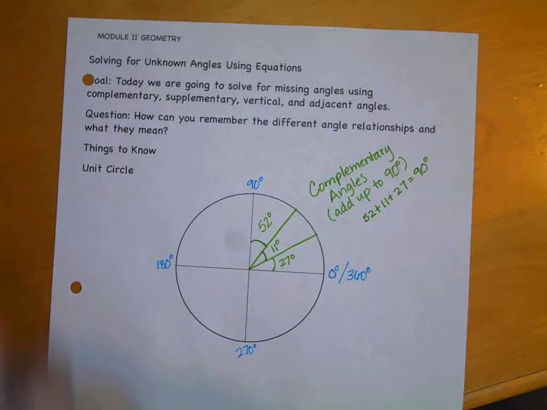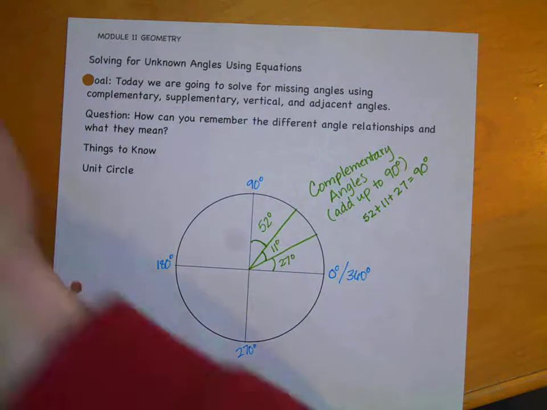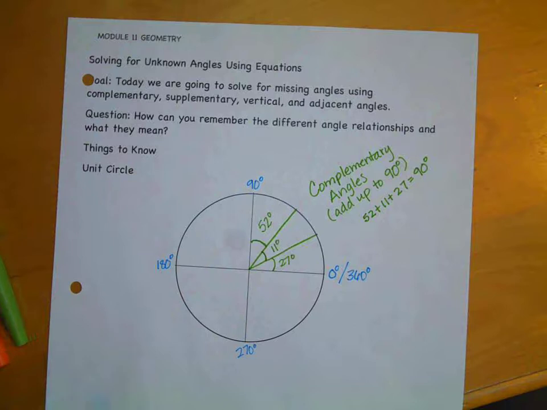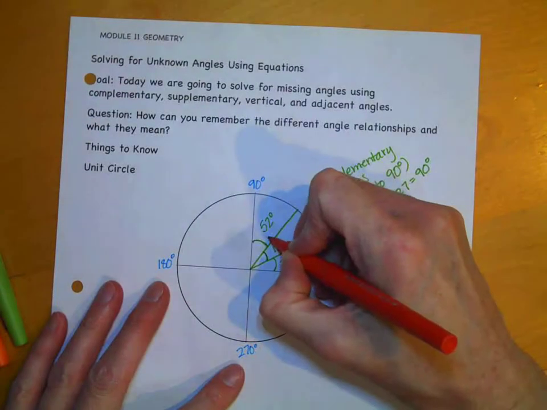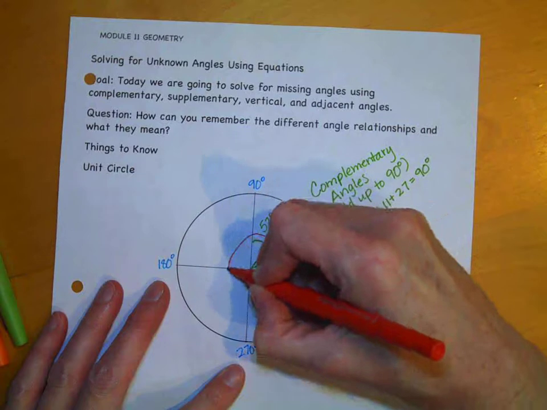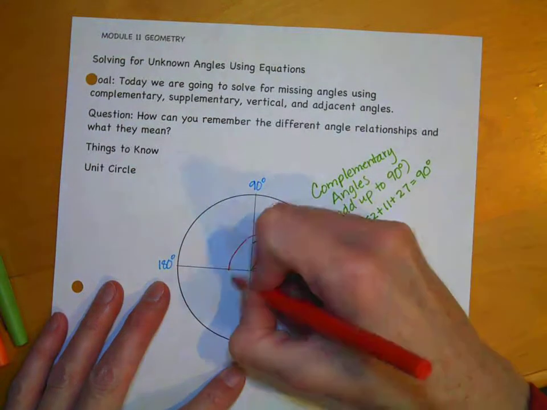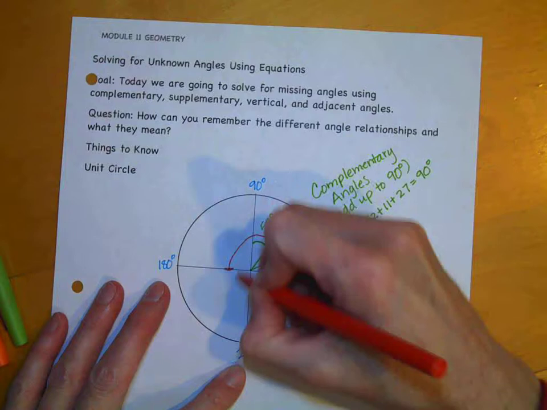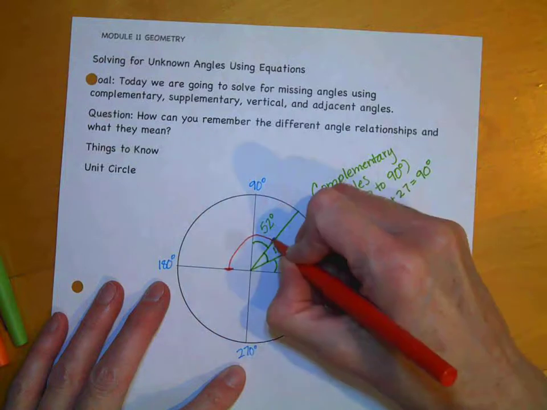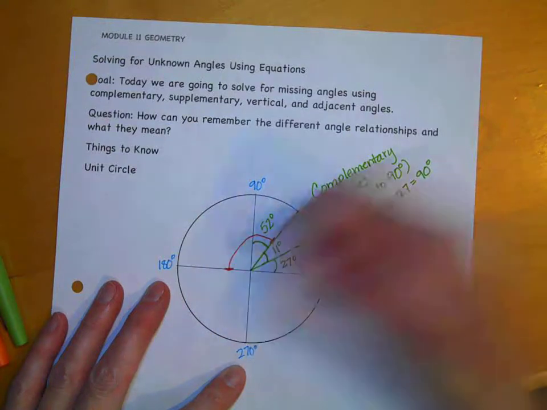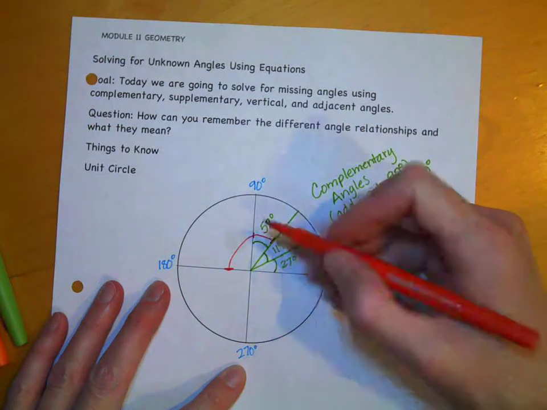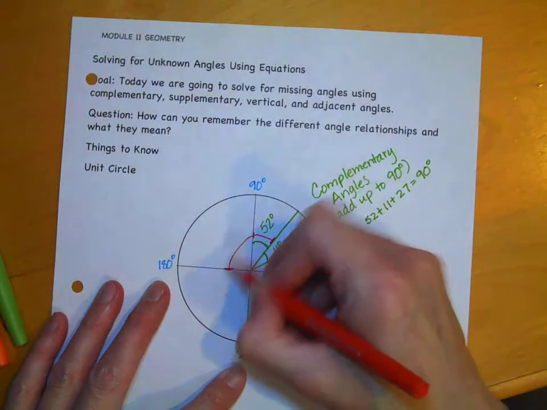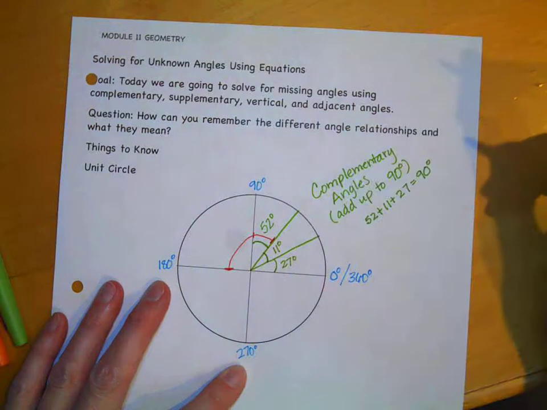All right, so then the next thing that we want to talk about is, what if we went ahead and borrowed this 52 degrees right here, and we connected it to this angle over here, okay? So we're borrowing this angle from right here, and we're connecting it to this angle over here. So we know that this section of it is 52 degrees, and then we have to figure out what this section of it is.